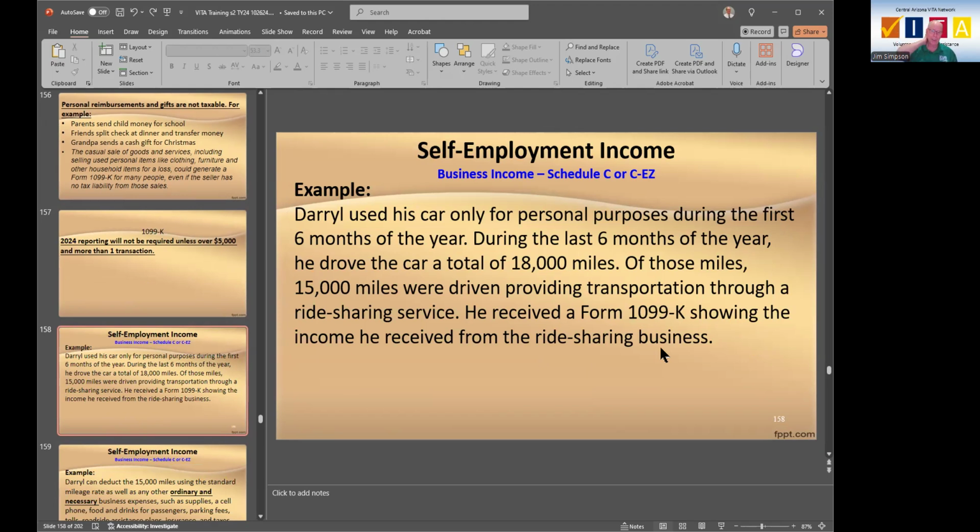Let's talk about deductions now. The biggest deduction that we're going to see here is auto expense for self-employment, because like the Lyft and Uber drivers, and we see a lot of those, they have mileage expenses.